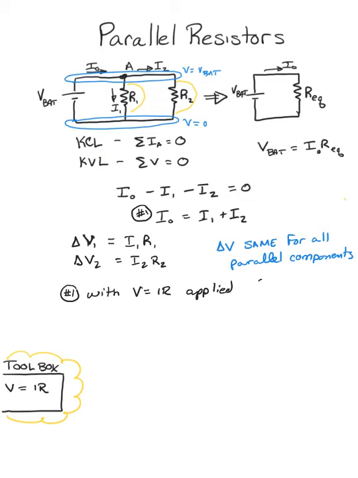Or said another way, V divided by R equals I. So I'm going to go ahead and use that with these three other equations I have. So here's equation number 2, number 3, number 4. I'm going to take 2, 3, and 4 and rearrange them in this V equals IR fashion and plug them into number 1.